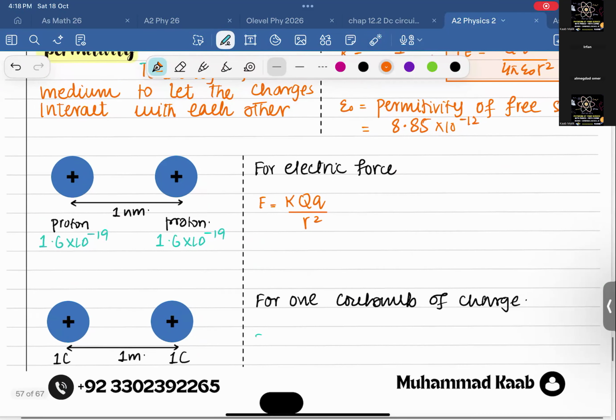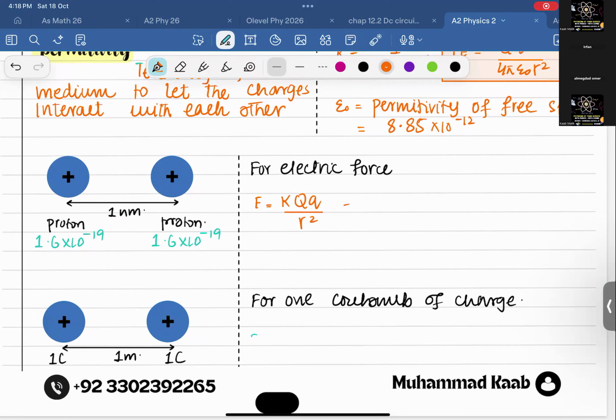If we substitute the values, the value for k is 8.99 exponent 9. And since both the charges are the same, you can directly square the charge, 1.6 exponent negative 19, whole squared, divided by the separation, which is 1 nanometer, so 1 exponent negative 9, squared, right?